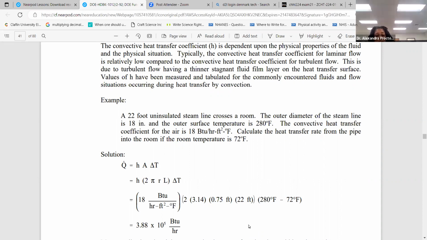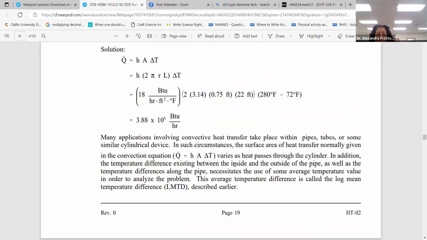So they use the equation for this problem. Q is equal to HA delta T. They substitute in for A, so Q is equal to H 2 pi RL delta T. And that is the equation that they use. So 18 BTU per hour foot squared degree Fahrenheit times 2, and of course pi is 3.14, times 0.75 feet times 22 feet.